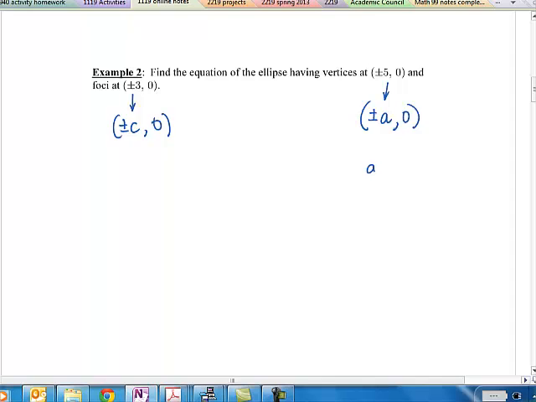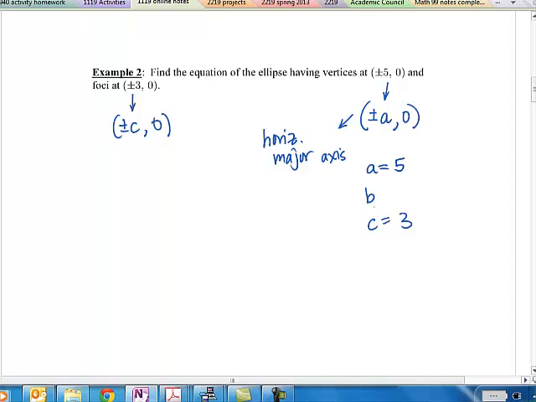So we know a is 5, b is not known, c is 3. And because the x-coordinate is the non-zero coordinate for each vertex, we know that the graph has a horizontal major axis.